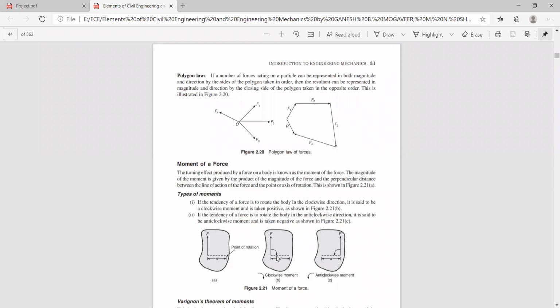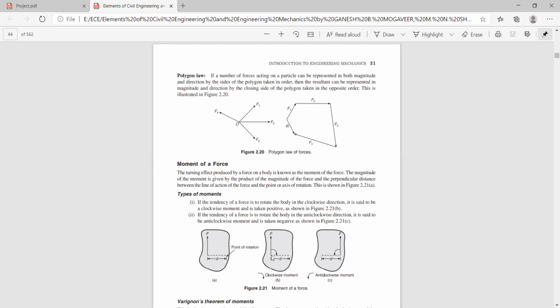Now we want to find the direction of the moment, whether the force is creating a clockwise movement or an anti-clockwise movement. Here you can see the figure of a body which is subjected to a force F, and this being the perpendicular distance.